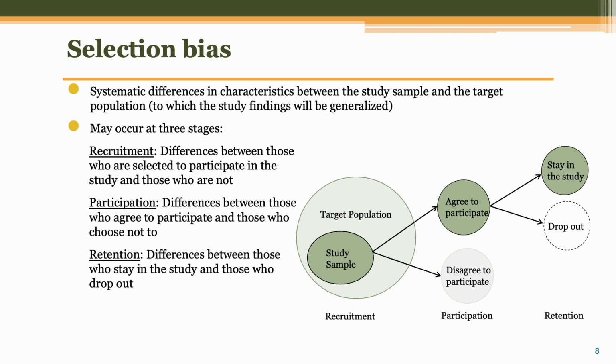During the recruitment, selection bias may occur if the individuals selected to participate in the study differ systematically from those who are not selected. At the participation stage, selection bias may occur if the individuals who agree to participate in the study differ systematically from those who choose not to participate. At the retention stage, selection bias happens when participants who stay in the study differ systematically from those who drop out.